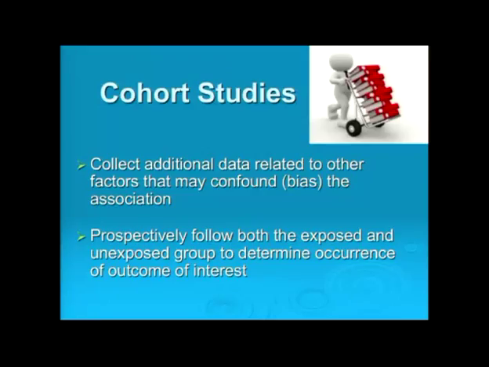Okay, so you have an exposed group and an unexposed group. And then you're going to collect some additional information besides exposure on these individuals. You want to know some additional factors that may bias the results of your study, or you may have to adjust for in the analysis. So for instance, if I was doing a cohort study on smoking and lung cancer, I would certainly want to collect people's age, right?